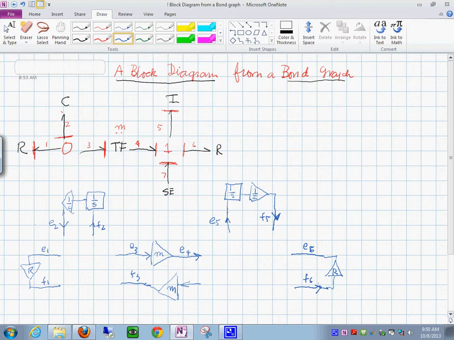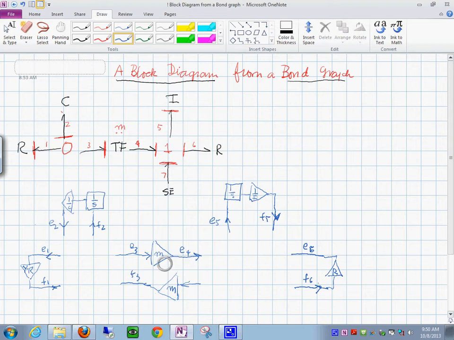I think you are right about that, because you see this is, yeah, I think we need to make that a small correction. This one is 1 over R, and this is R. So F times R equals E, like this.